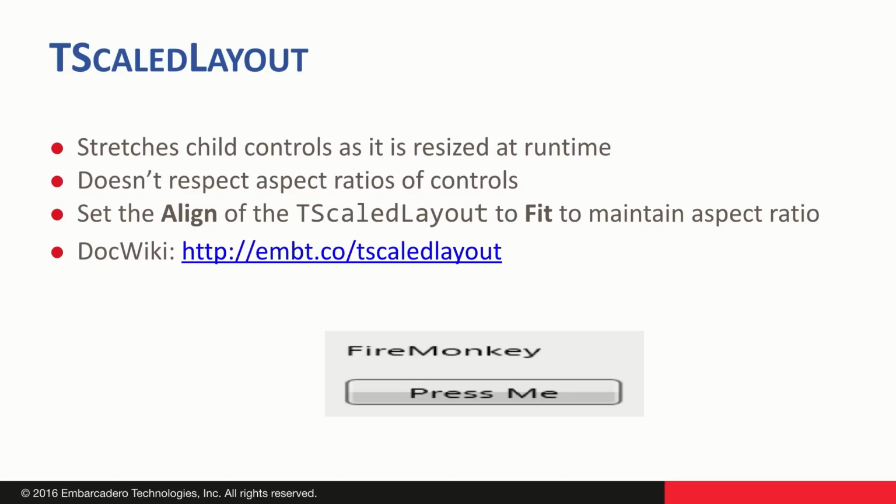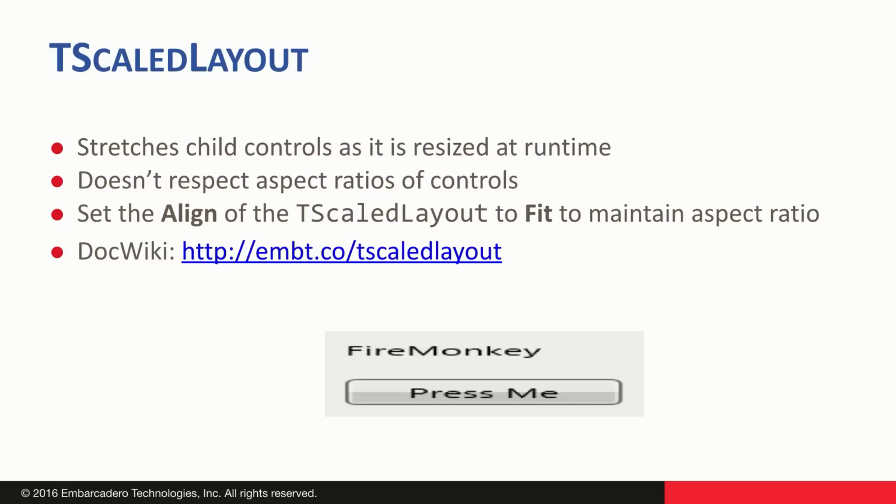Okay, so this means if you put a form down and filled it full of a TScaledLayout, and then put all your buttons and controls down, and then at runtime, that form gets stretched and expanded, then it will expand so that it's always filling the entire form. All right. So this way you don't ever have empty space in your form. It just fills everything on your form. So your buttons get bigger, everything gets bigger, and it just scales up to fill that form.